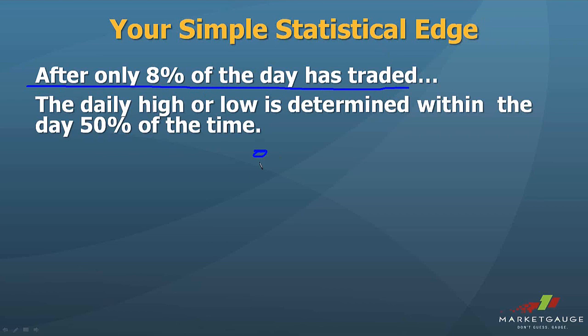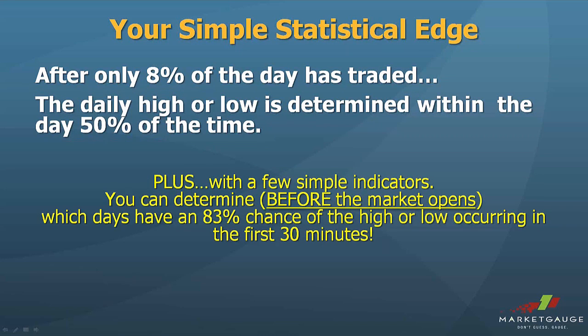Stocks open at 9:30, and at 10 o'clock, you know what the opening range is. 50% of the time, the high or the low of that time frame will be the high or the low for the day. So what does that mean? After only 8% of the day has traded, you know what the high or the low is going to be 50% of the time. Now, all you have to do is know how to use that edge.